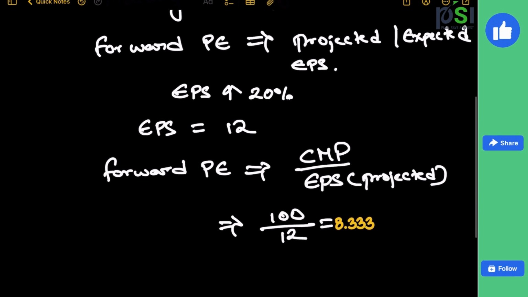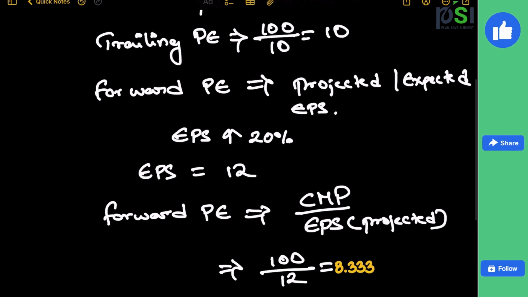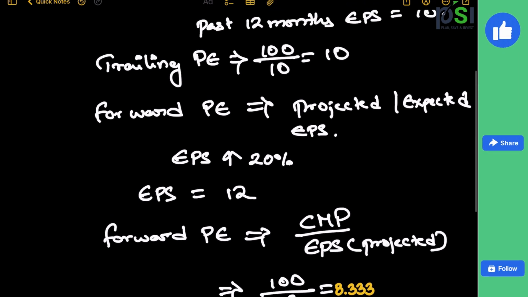So you can see here, when the EPS is growing by 20%, the projected EPS is 12 and the forward PE is 8.33, which is less than trailing PE 10.